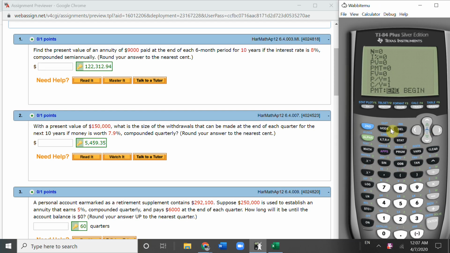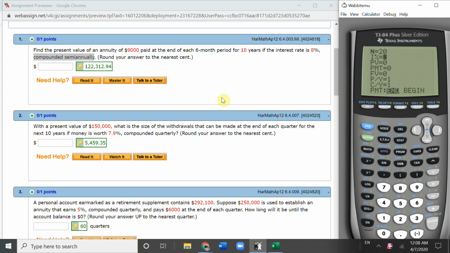Okay, let's do some problems. So the first question, we find the keyword is compounded, and right after compounded is semi-annually. So we know this N is 10 years times 2.